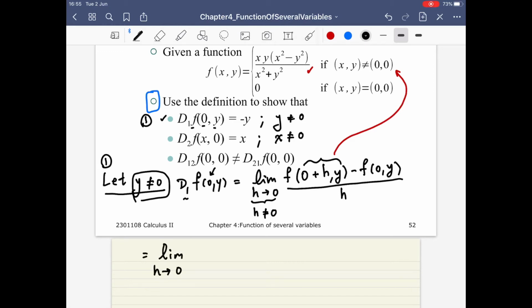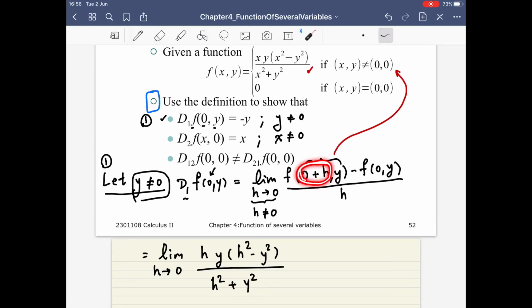So this one, you got your x to be h, your y just a y, and h square minus y square over h square plus y square. We get the first component is the h, right? How about this one? This one, your first component is a 0. So again, it is falling into this category because your y is not a 0, right? So you plug in your x as 0. So it is a 0 over something that is not 0.